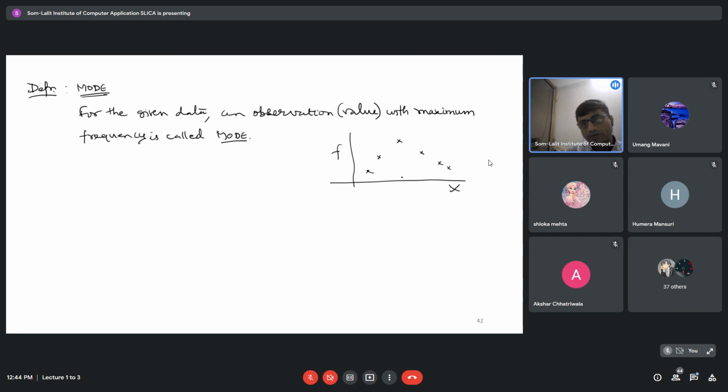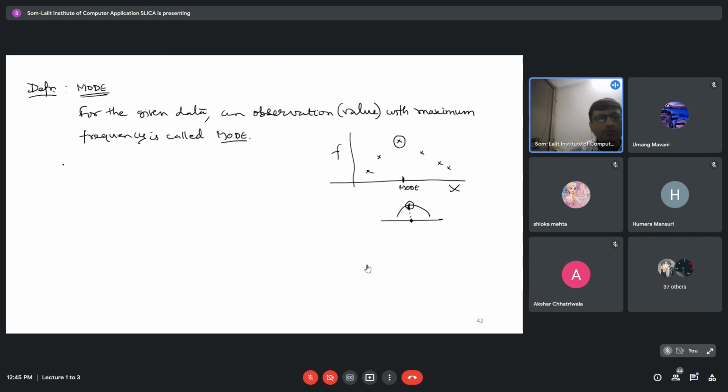So this is the observation. Corresponding to this, you have the highest frequency. A bell-shaped curve, right? At this peak point, you get the highest frequency and the corresponding observation. So this represents the mode. In terms of frequency, it is somewhere in the center. It's the highest point, and that is known as the mode of the data.